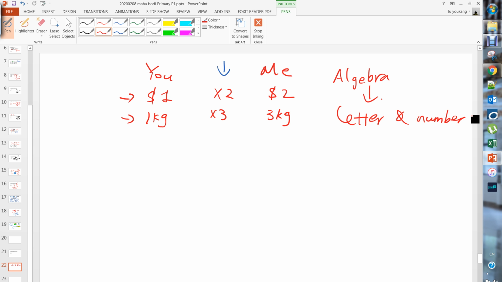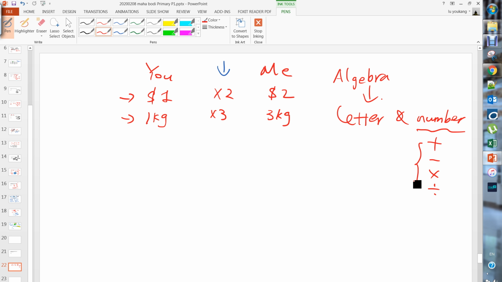Before this year, what did you learn? You learned numbers like $1, 1 kilogram, and for numbers you learned addition, subtraction, multiplication, and division. You learned these 4 operations with numbers.